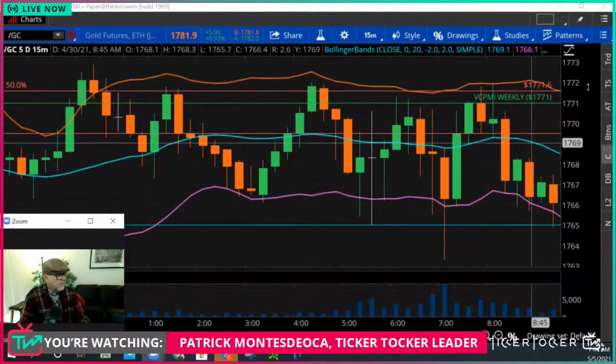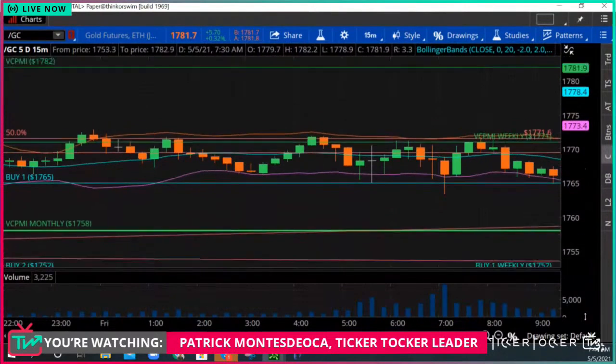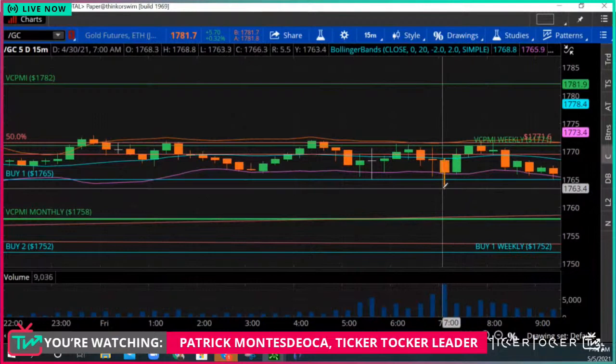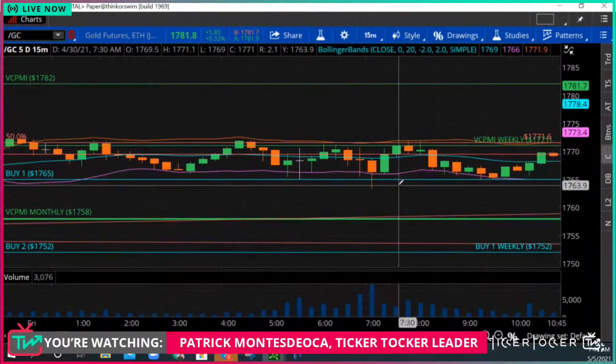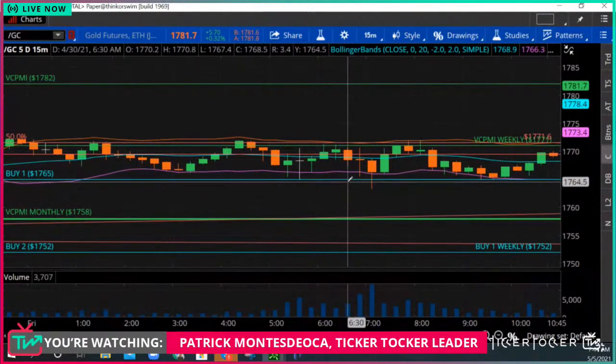Now, when the market comes down into the area of blue is what I call, which is really the buy one level and the buy two level. You're entering what the AI identifies as accumulation of supply.